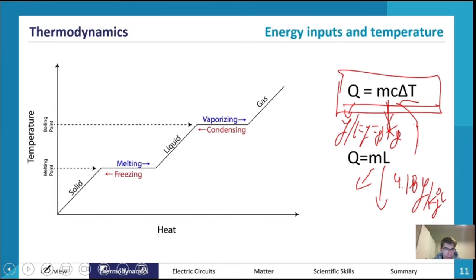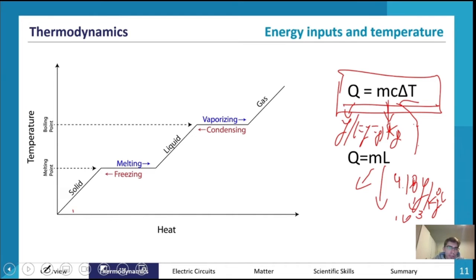So yes, you can use kilograms. It's 4.18 times 10 to the power of 3 actually, joules per kilogram degrees Celsius.